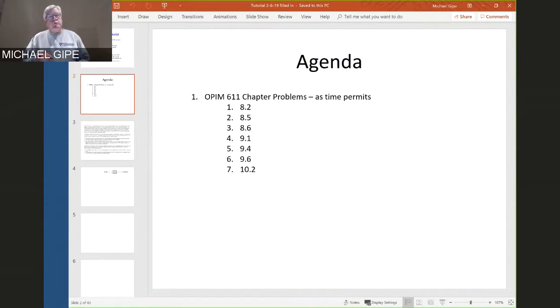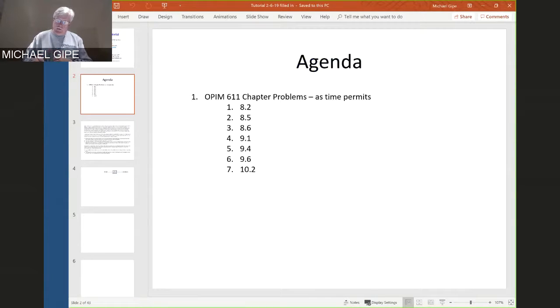We may not have time to go through all of these. That's okay, but we'll try to hit the main ones: 8.2, 8.5, 8.6, 9.1, 9.4, 9.6, and if we have time, a fairly complex one, 10.2. Any questions before we get into it?